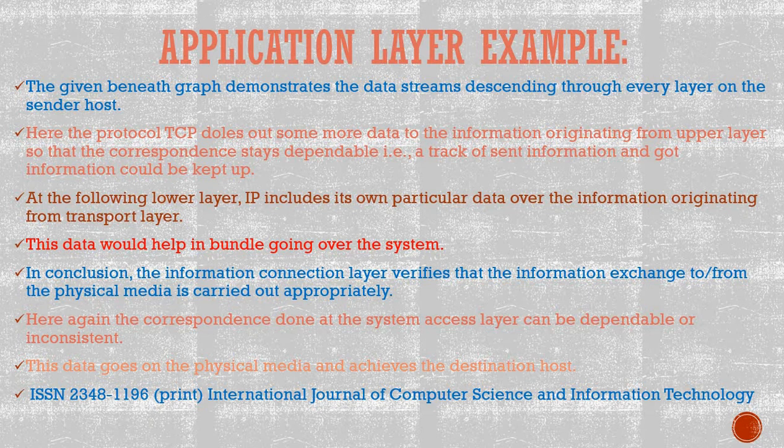This data would help in bundling, and we can verify that the particular information exchange from the physical media is carried out appropriately. So for that purpose, basically the application layer is used. This data basically goes on the physical media and reaches the destination host.